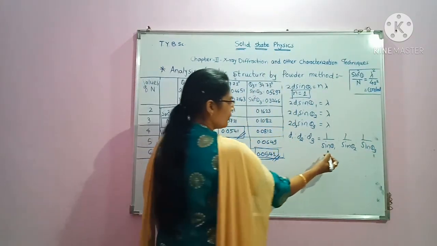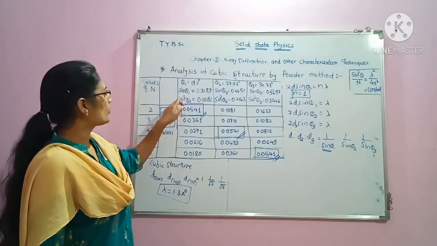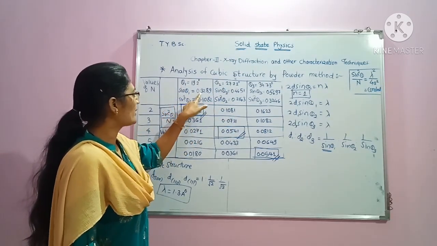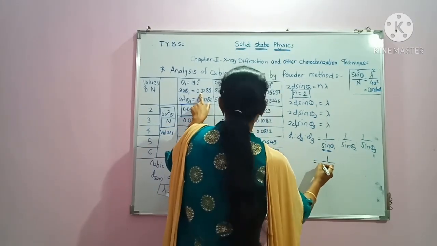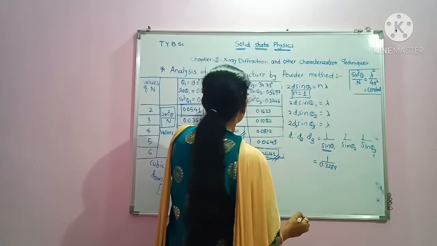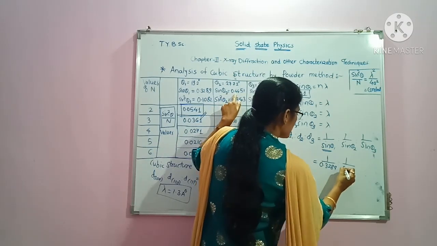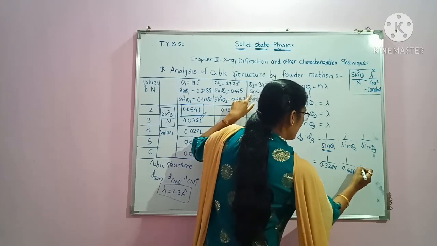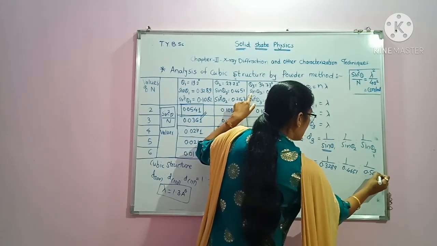Then we know that we have obtained the value of sine theta 1. What is the value of sine theta 1? From this table, we have obtained 1 upon sine theta 1 as 1 upon 0.3289, then 1 upon sine theta 2 is 1 upon 0.4651, and sine theta 3 value is 1 upon 0.5697.